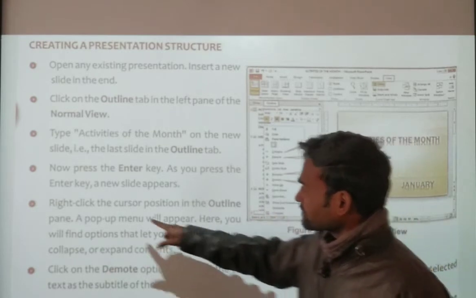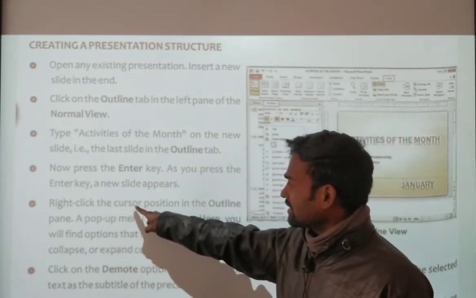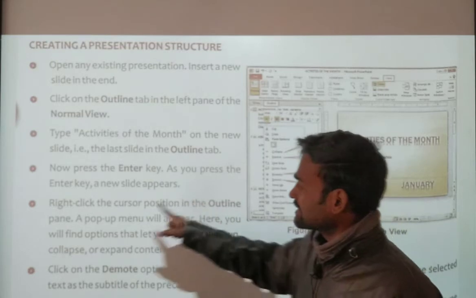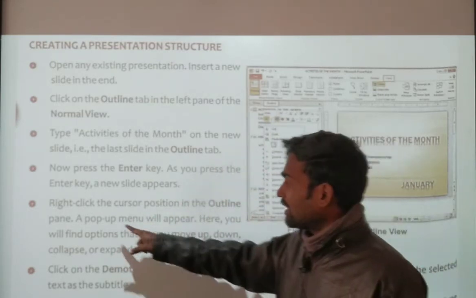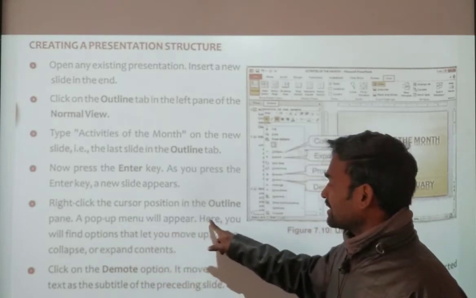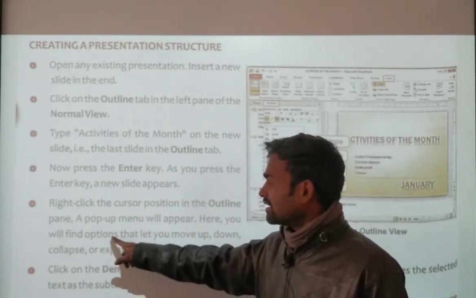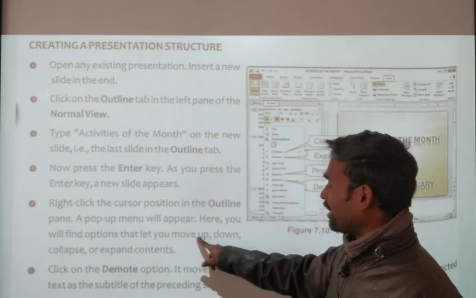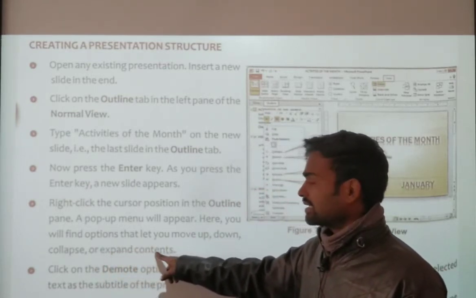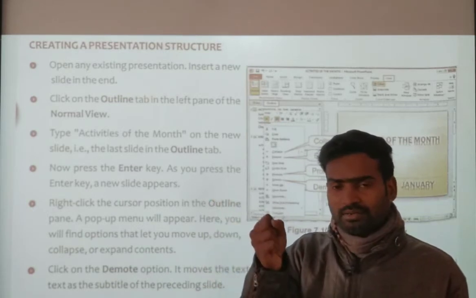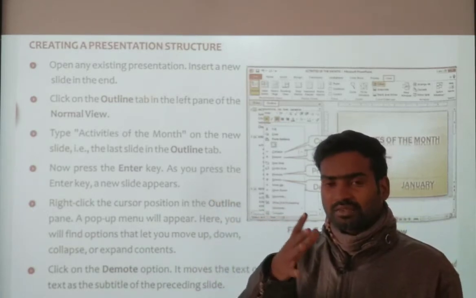And then right click at the cursor position on the outline pane. In this place we have to right click, and a pop-up menu will appear. Here you can find options that let you move up, down, collapse or expand contents. Collapse means we make it smaller, expand means we make it bigger.